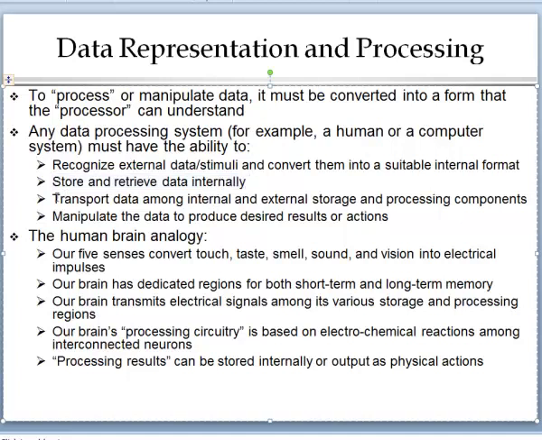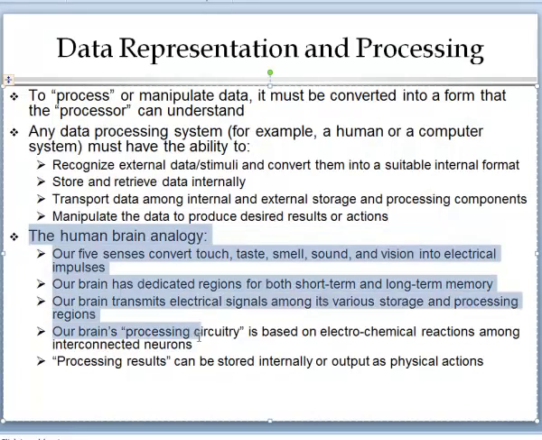We have to be able to transport that data representation from storage devices to processing devices and back and vice versa, or amongst internal processing components. So, for example, say from the control unit to the arithmetic logic unit, or vice versa. And of course we have to be able to manipulate that data to do whatever it is we want to do with it. We need to add it, subtract it, compare it, whatever.